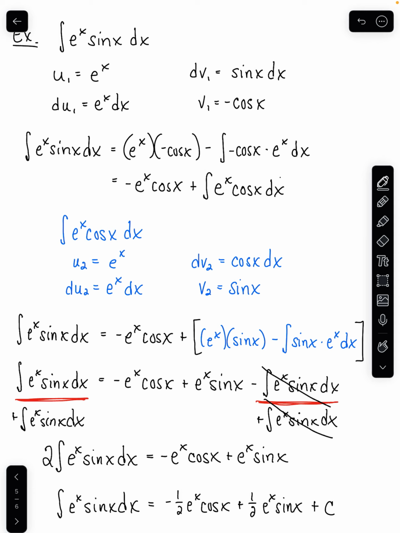And at long last, we can stick our plus c on the end. And there we are. We have taken the integral of e to the x sine of x dx and produced a result that no longer has any integration in it. And again, far less than intuitive. I encourage you again to check your answer by differentiating it.